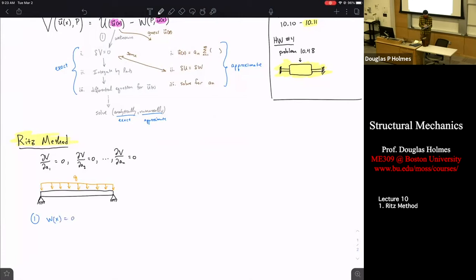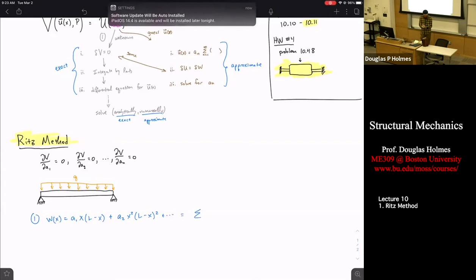It will look like a1 times x times (L minus x) plus a2 times x squared times (L minus x) squared, and so on, which can be written as the sum from n equals 1 to infinity of a sub n x to the n (L minus x) to the n.